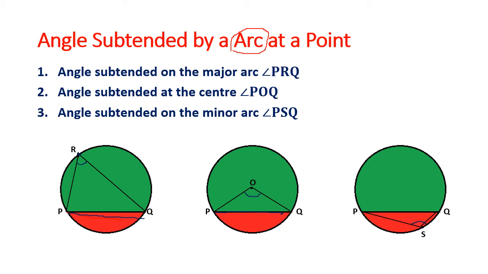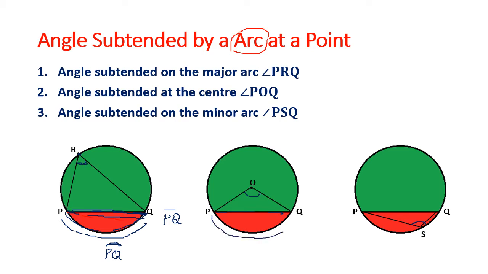But instead of this chord PQ, suppose I consider the arc PQ. So there is no major difference. This arc also makes an angle PRQ on the major arc.